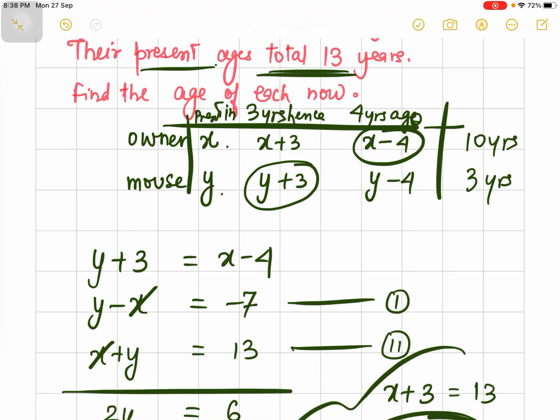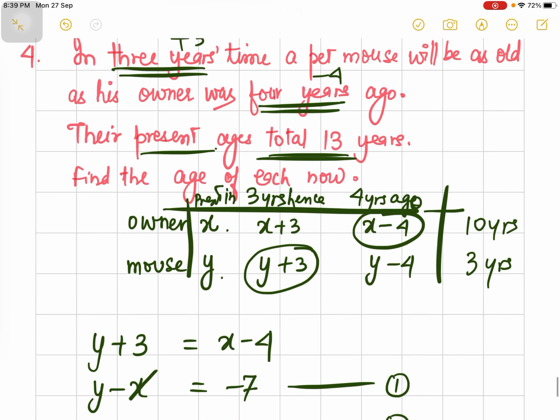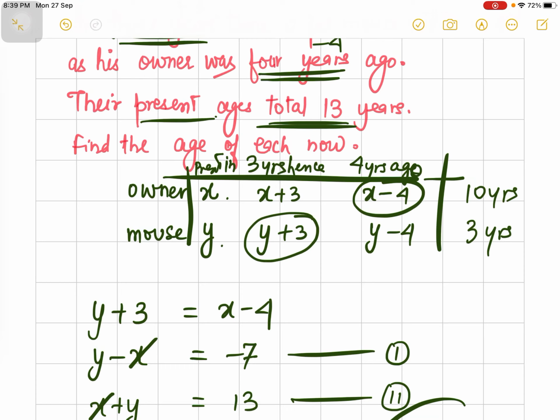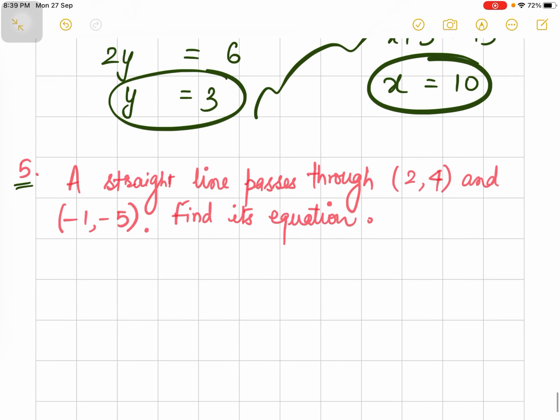And you can see after 3 years, the mouse will be 3 plus 3, 6. And 10 years back, the owner was 10 minus 4, 6. So it's matching. So the best thing is that ultimately you should write the answer in ages. That is the expectation actually.